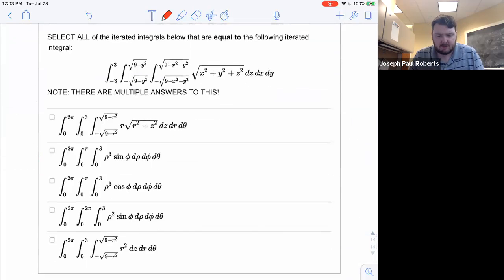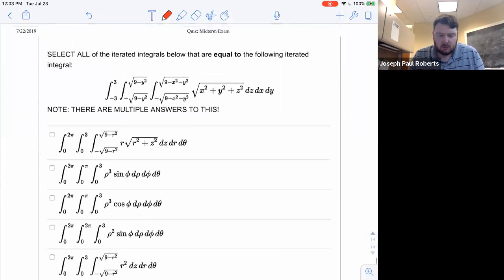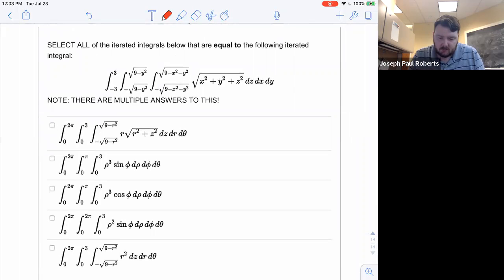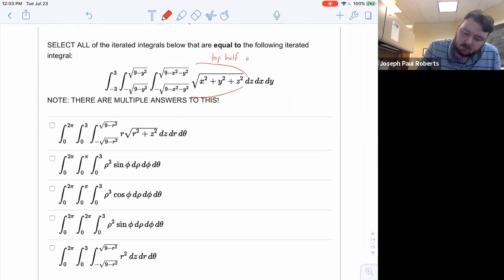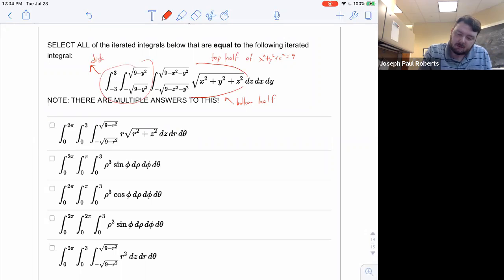And then finally, the very last question: which of the integrals are equal to this? So this is the top half of x squared plus y squared plus z squared equals 9. This is the bottom half of that same sphere. And then these bounds are the disk, x squared plus y squared less than or equal to 9.